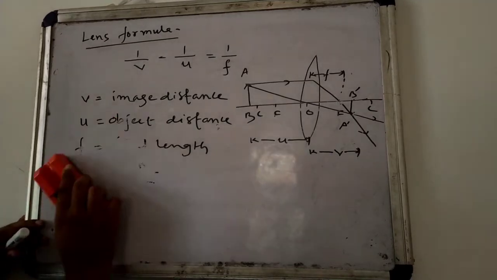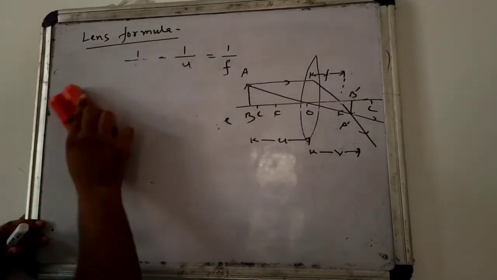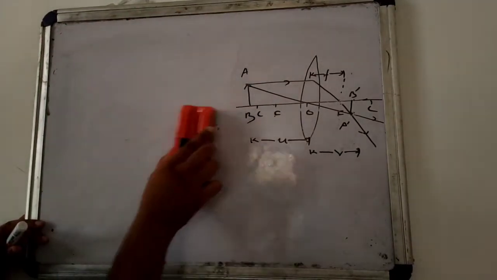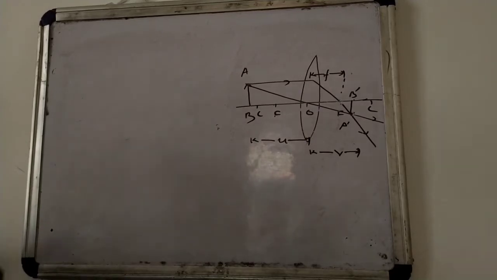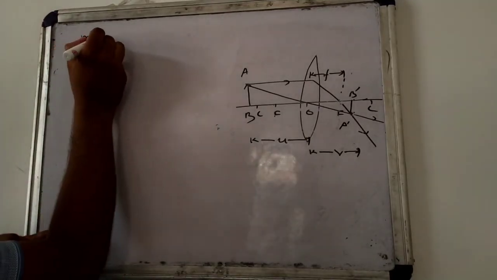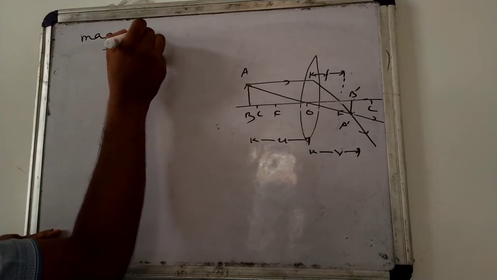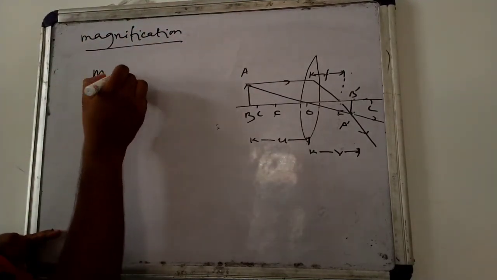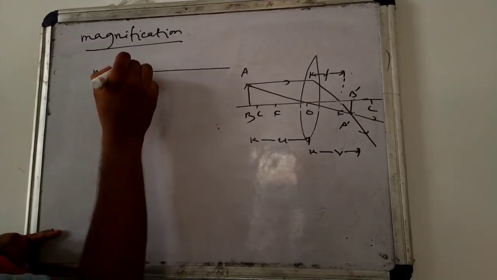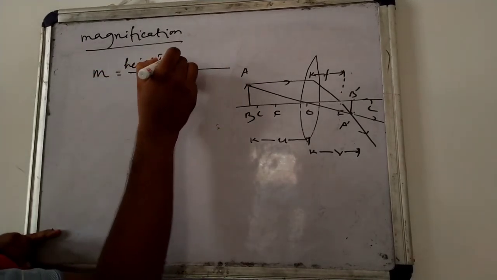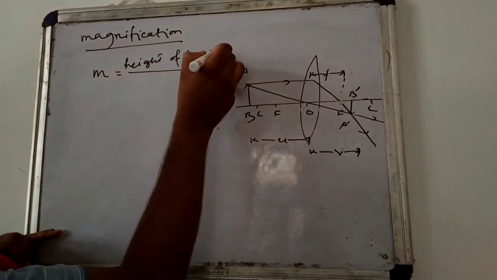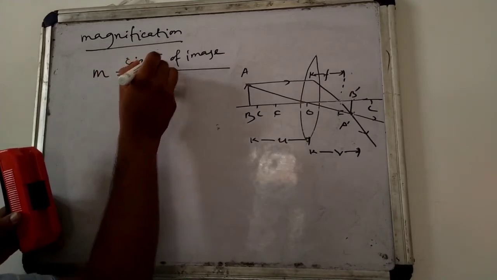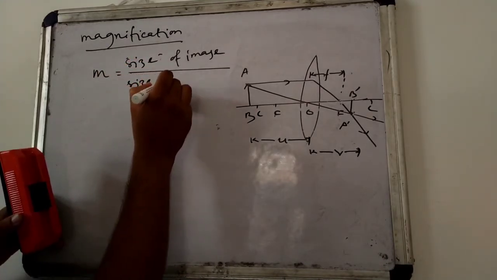So next we will discuss magnification. So magnification M is equals to height of image, or we can write size of image by size of object.